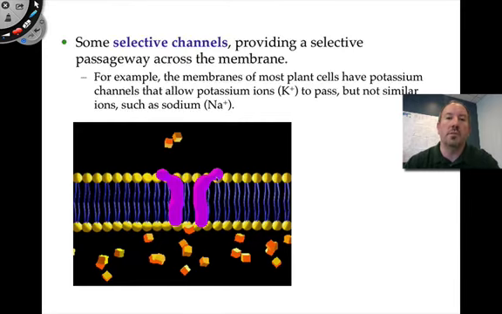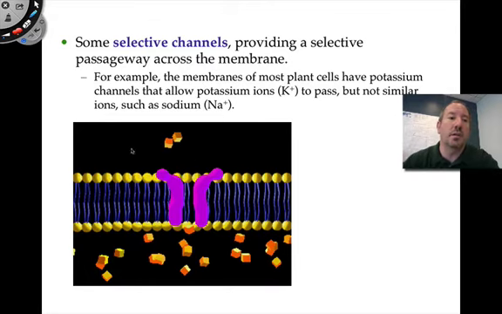But let's put some examples to this. Say that these transport proteins are very selective. The membranes of plants might have potassium channels. This is a channel that allows only potassium, which is a cation, to pass. But even something that's also a cation, like sodium, cannot.